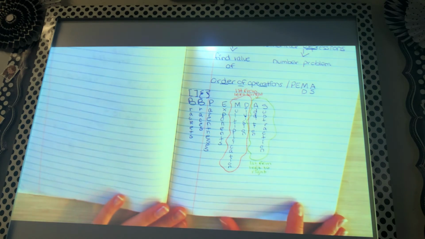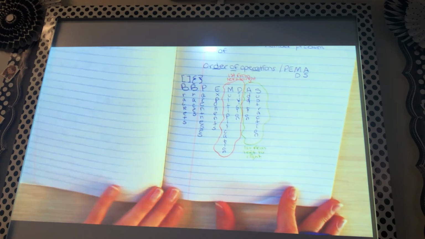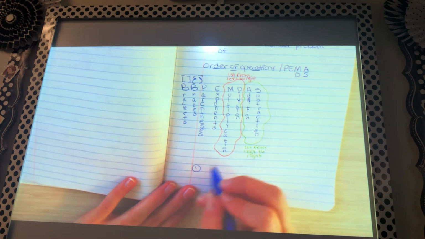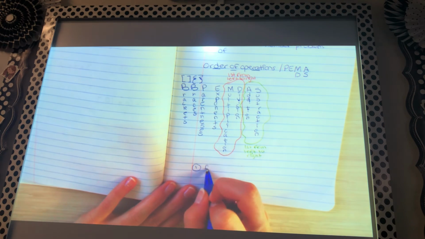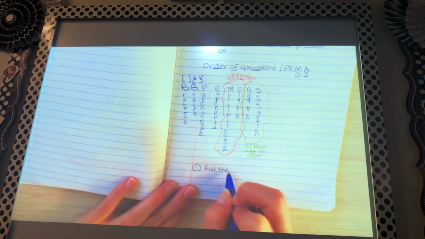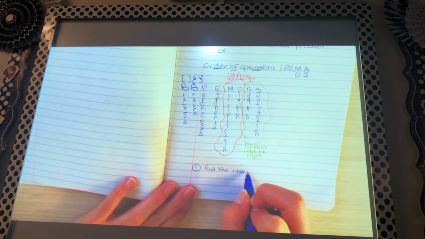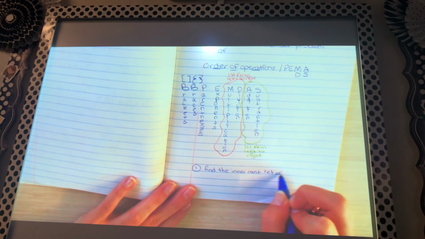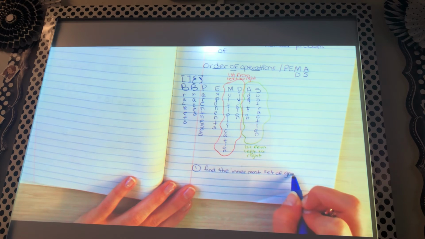So in order to do this order of operations, we're going to write down some steps. Step 1 would be find the innermost set of groupings.